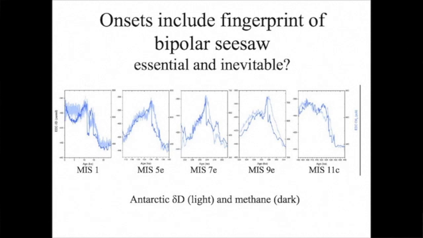Antarctic temperature, on the right, slowly ramps up and CO2 does the same thing. Whereas methane, representing something Northern Hemisphere, at least very closely related to Northern Hemisphere records, does slowly ramp up, but then it waits and then suddenly jumps up afterwards. And it does the same in each termination.